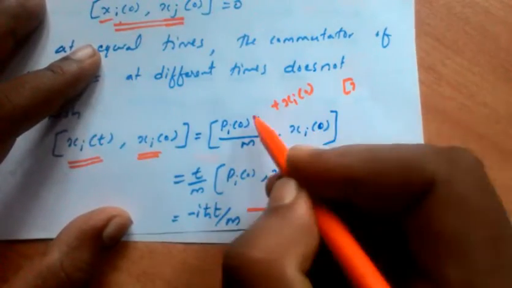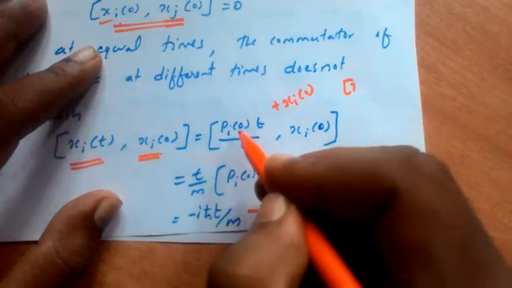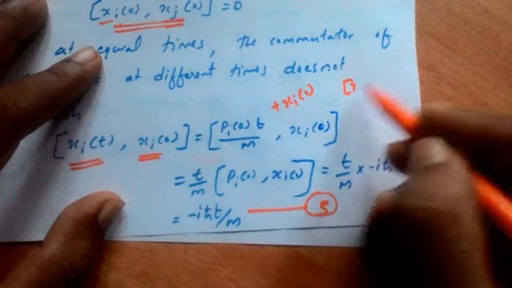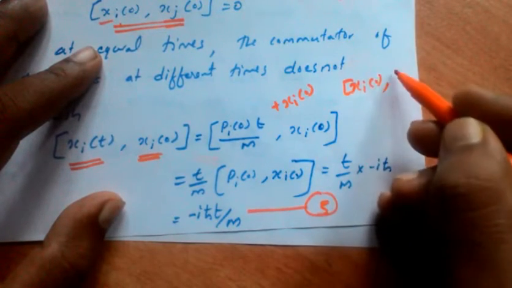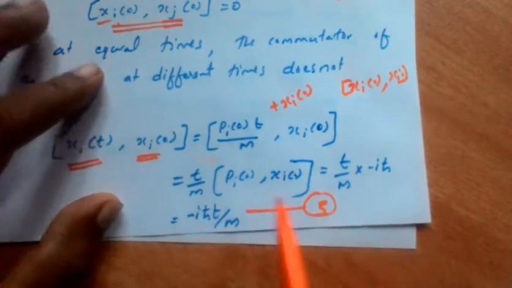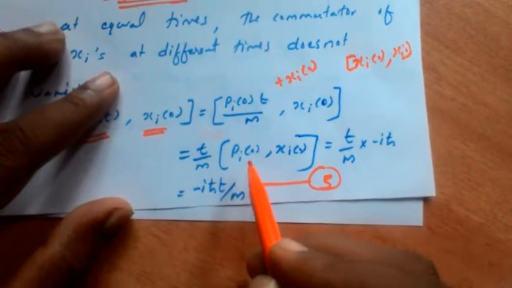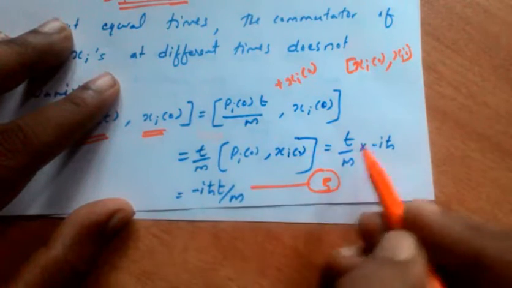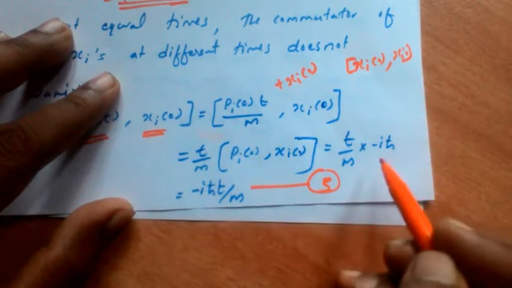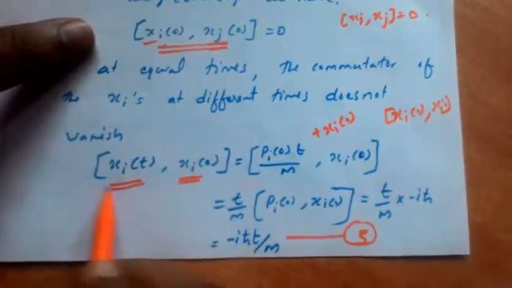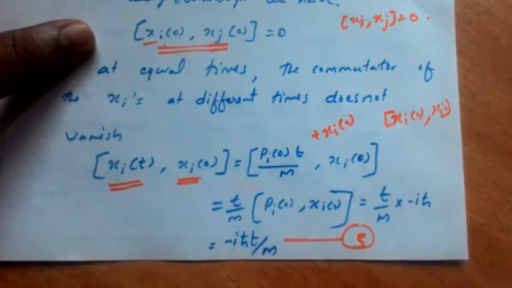Even if I take the complete expression, the second term, xi of 0 with xi of 0, will vanish. That's why I took this term only. This will not vanish. So that is equal to t over m, pi of 0 xi of 0, that is t over m into the commutator of p and x, which is minus i h cross, so it equals minus i h cross t over m. That means at different times these position operators will not commute.